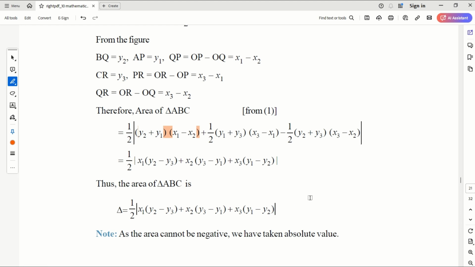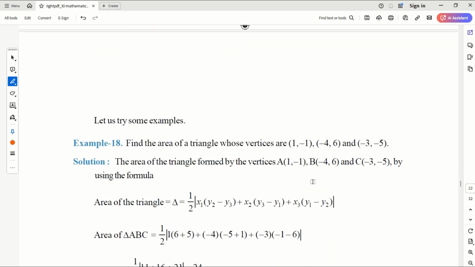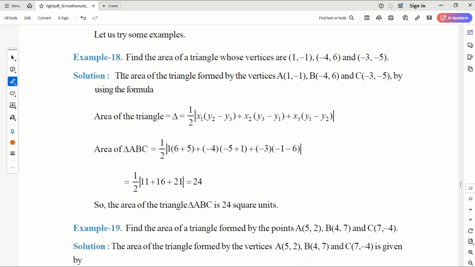This is where three vertices are given and it's not a right angle triangle, it's just a scalene triangle. Let's see some examples. Find the area of the triangle whose three vertices are given here. We just need to substitute carefully. First is x1, which is 1, into y2 minus y3, that is 6 minus of minus 5, that is 6 plus 5.